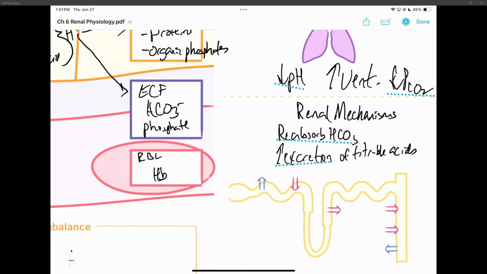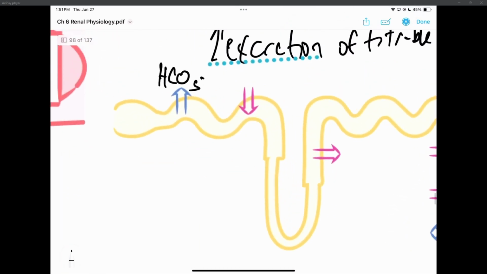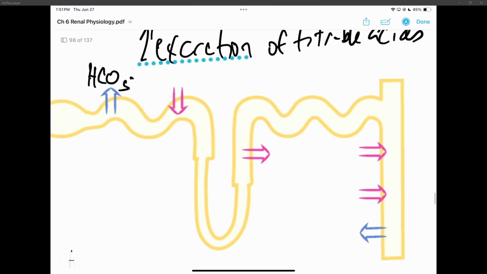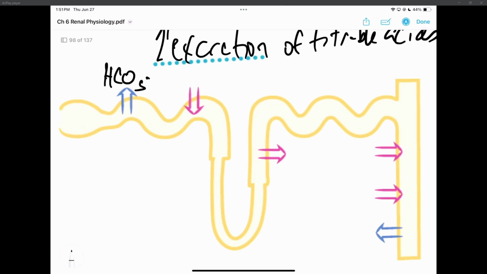So what happens along the way? Obviously, we want to reabsorb bicarb. So the blue line going back out, if it's happening outside the Bowman's capsule, so that blue arrow leaving, what is that? What's the definition for that? Reabsorption. It's happening outside the Bowman's capsule.